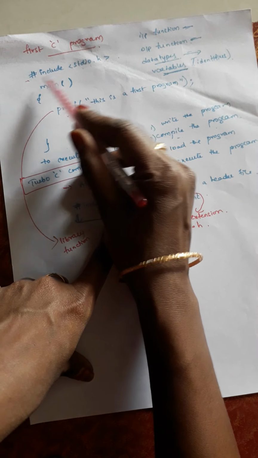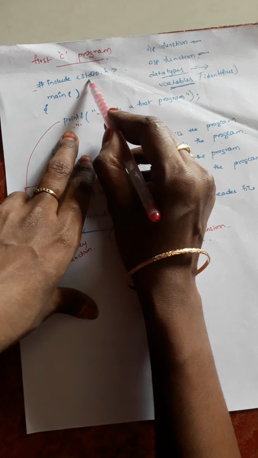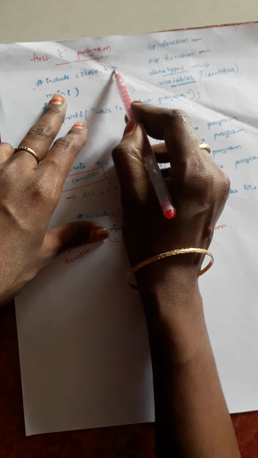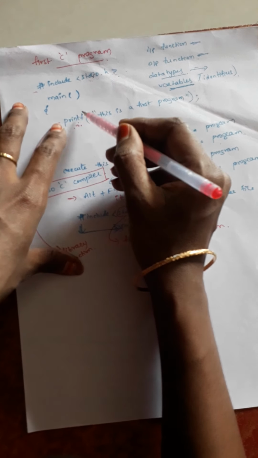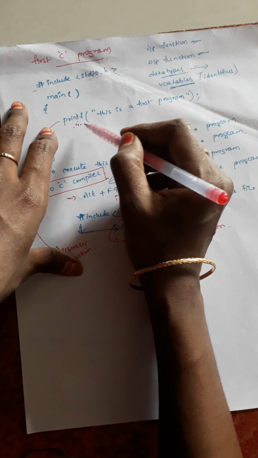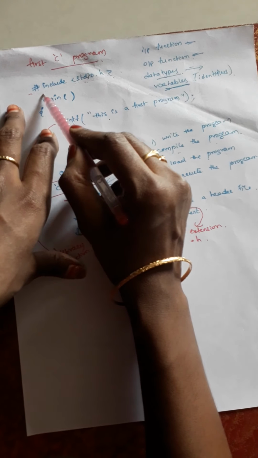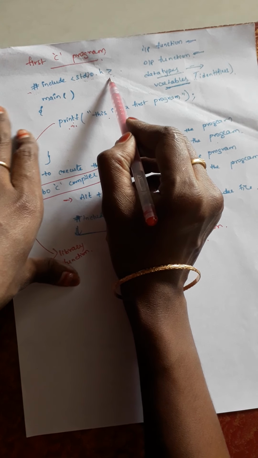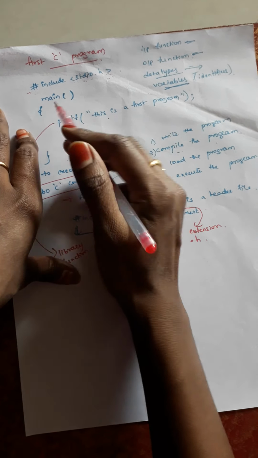The meaning of this statement is that the printf function used in the program is stored in the stdio header file. It is a preprocessor statement, written before processing, usually at the beginning of the program.